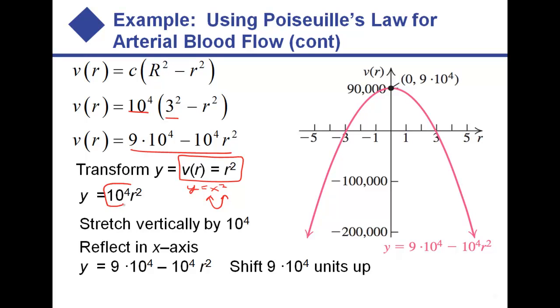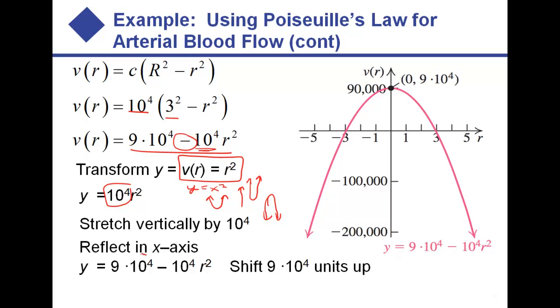Being multiplied by 10 to the fourth, that stretches it vertically. So now it becomes a really tall, thin parabola. Okay, and then what about the negative? What does the negative in front of it do? Well, that flips it, and now it goes down. It's really tall and points down.